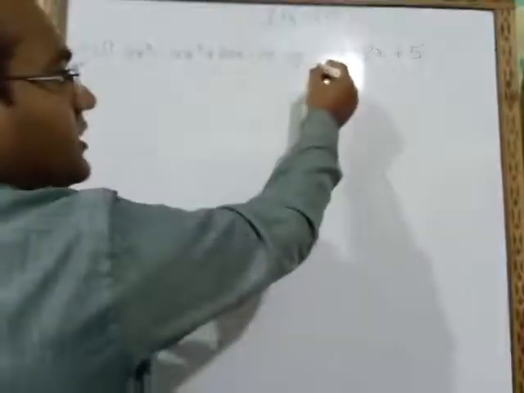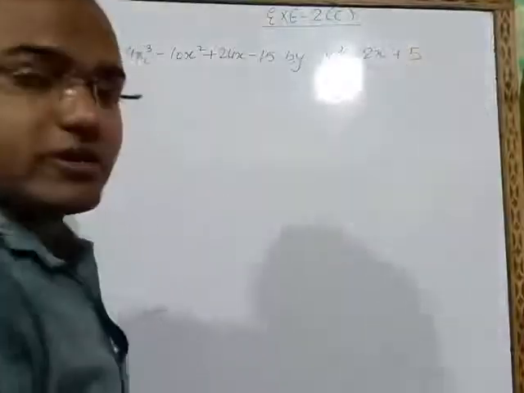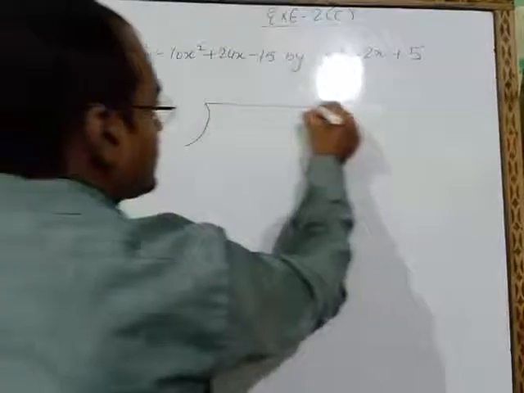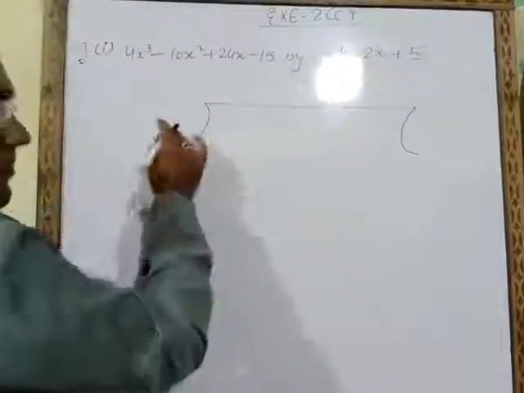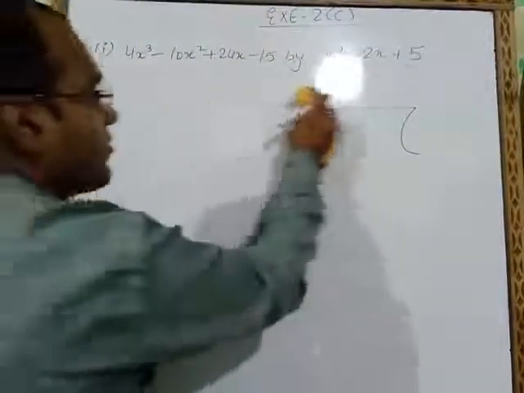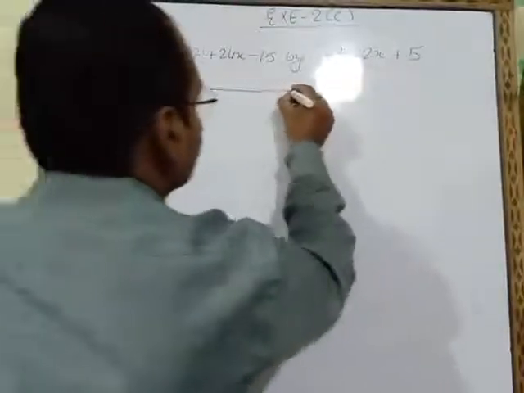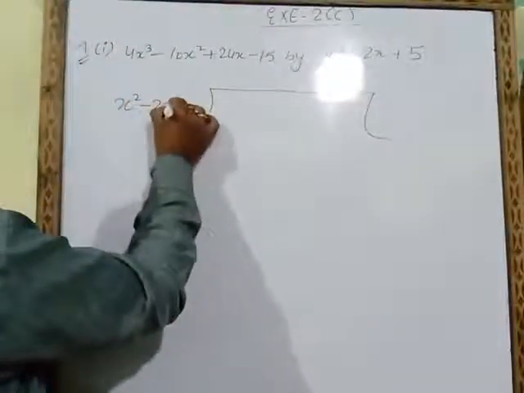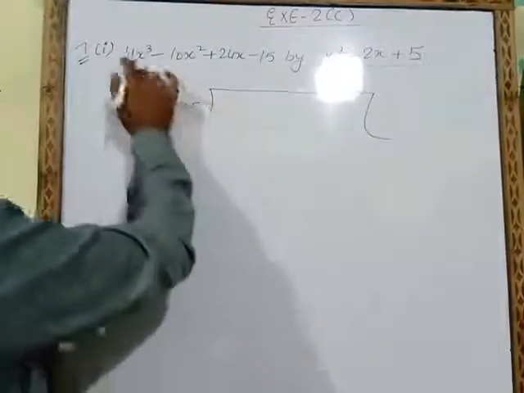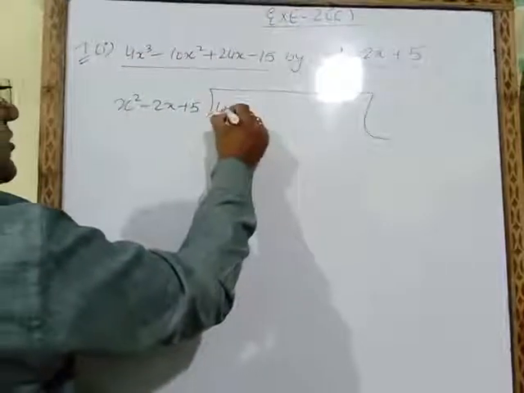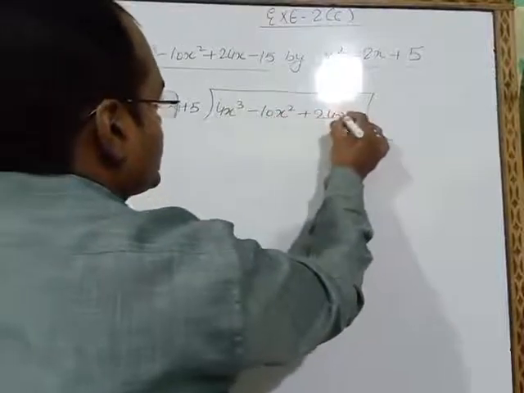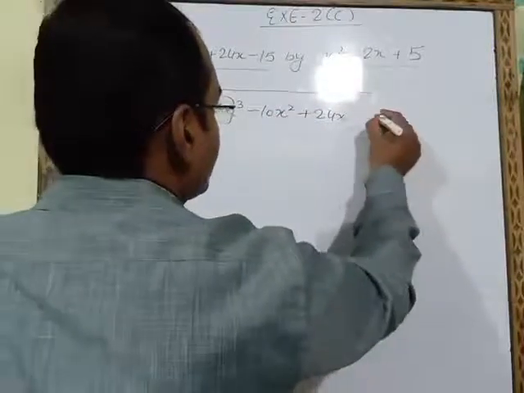The algebraic expression which is written after 'by', that we have to write here in the beginning. In the beginning we will write x square minus 2x plus 5. Inside we will write the first algebraic expression, 4x cube minus 10x square plus 24x minus 15.